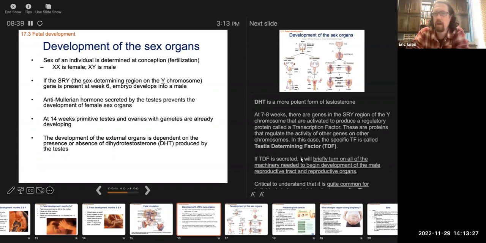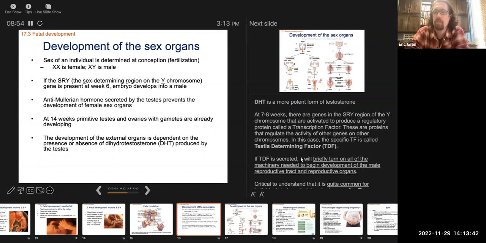So there's basically two ways that you can develop biologically into a female. The female system is actually the default system of the human body.